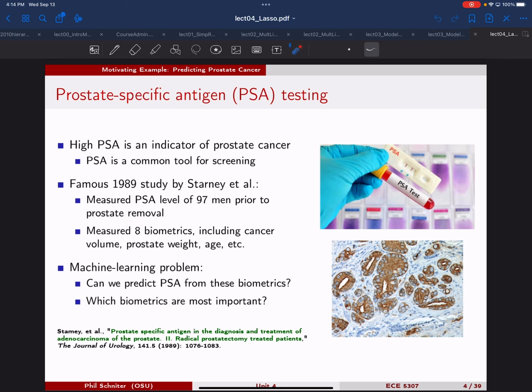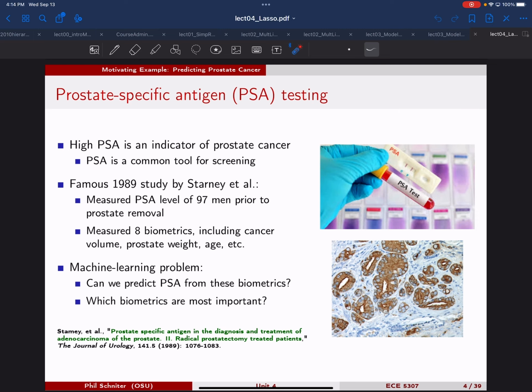Then, once the prostates were removed, they could measure various things, and some things they measured just from the blood itself. So they, at the end of the day, had 8 biometrics. And the question is, now, given these 8 biometrics, can you predict the PSA level? So that's the machine learning problem.